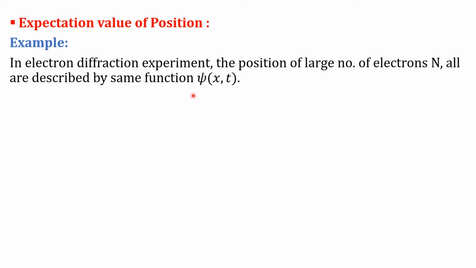All are described by the same function psi of x, t, meaning every state of the electron at a particular point is related to a probability, and that probability is described by the function psi.